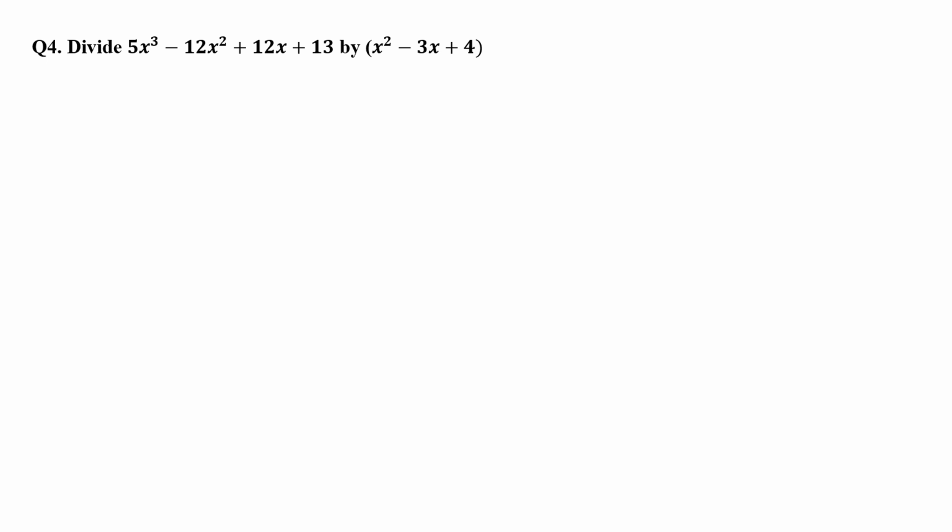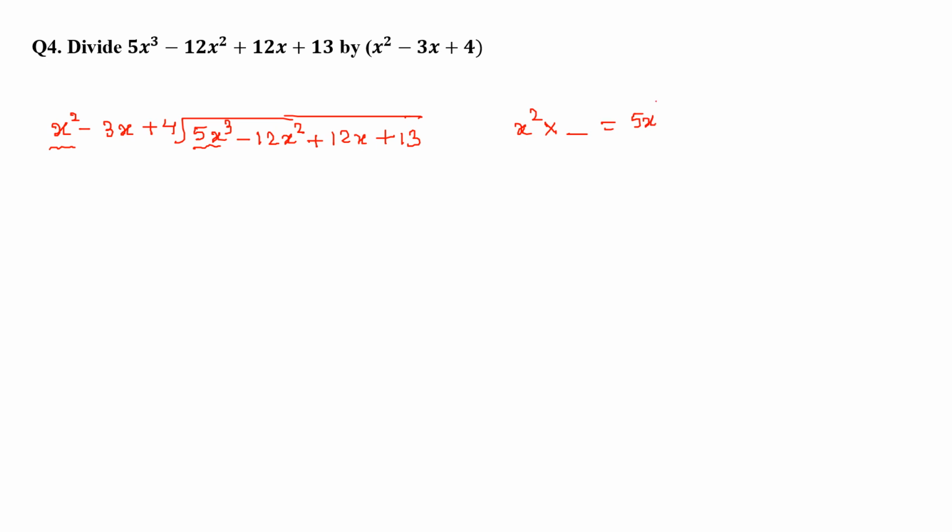So my divisor is x square minus 3x plus 4, dividing 5x cube minus 12x square plus 12x plus 13. So now I am going to divide the first term of the dividend by the first term of the divisor. So in x square, how much shall I multiply such that I will get 5x cube?